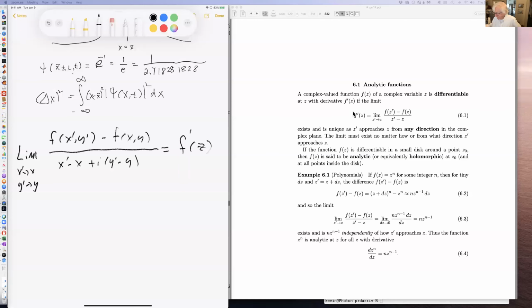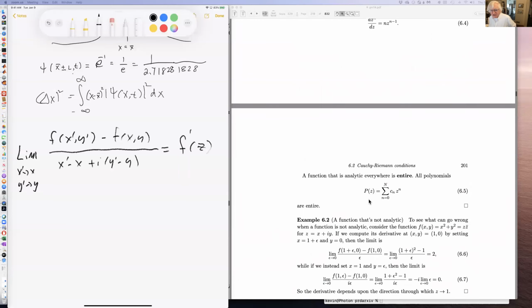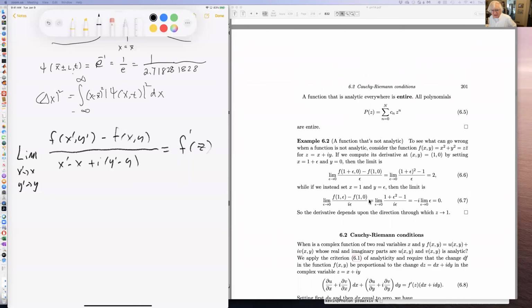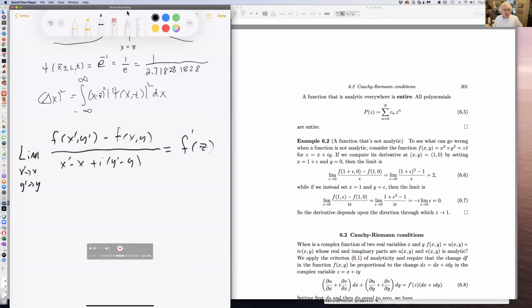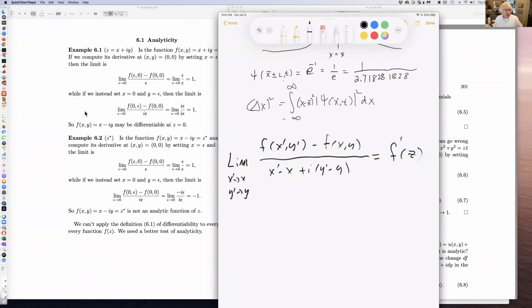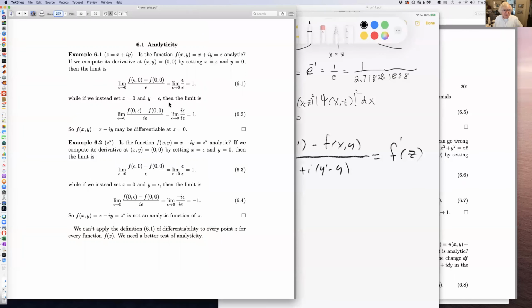So we had some examples of that. A polynomial is obviously analytic. And we had some other examples. The simplest example is just take f equal to z.